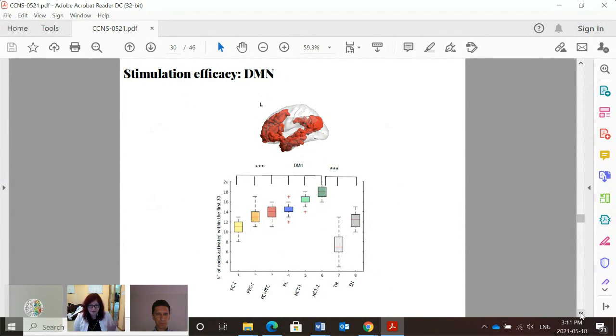So how do we look at the efficacy here? If you look at the orange and red ones, these are all from the literature. So the yellow one and the orange one are the left precuneus and the right prefrontal cortex. And they perform reasonably. So these are like the amount of nodes in the default mode network that are coming out to be highly activated.